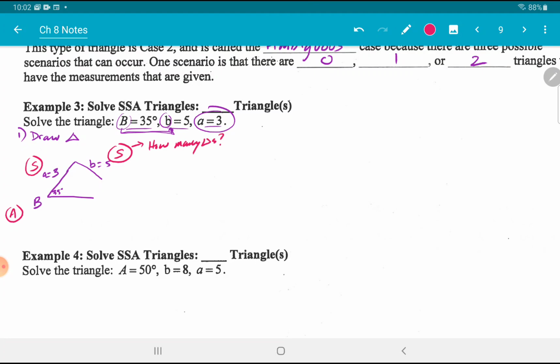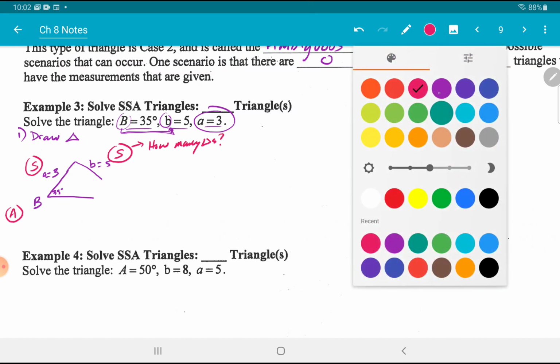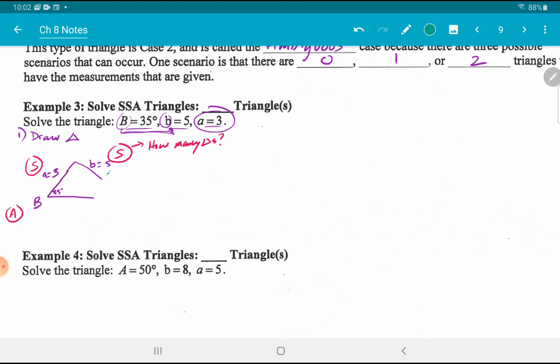To figure that out, remember, treat B like a pendulum. If B is a pendulum, you want to see where exactly it swings to. Does it swing just too short? Does it swing just enough so it touches that one spot? Or does it swing too far, where you might create 2 triangles or possibly just 1 triangle?